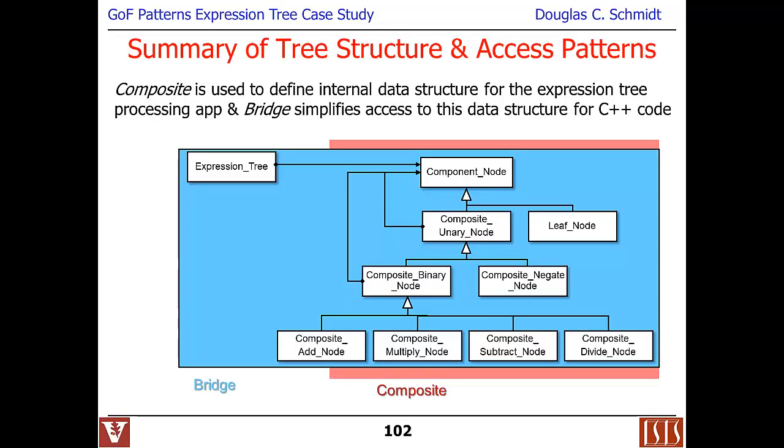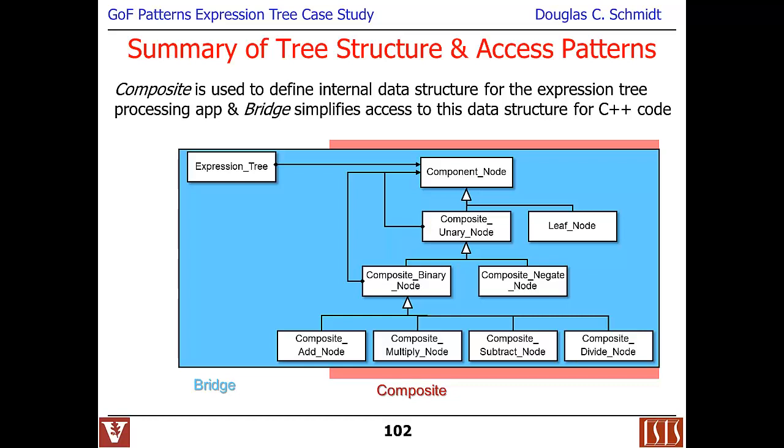So here's a summary of what we've seen so far. We've looked at two patterns. We've looked at the composite pattern, which is really all about how you define a hierarchy of different kinds of nodes based on their properties, whether they have one argument or two arguments, or what precedence they have, or whether they're addition, subtraction, multiplication, division, et cetera, or leaf nodes, and so on. That's what the composite is.